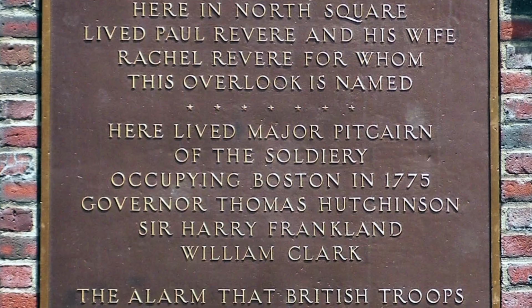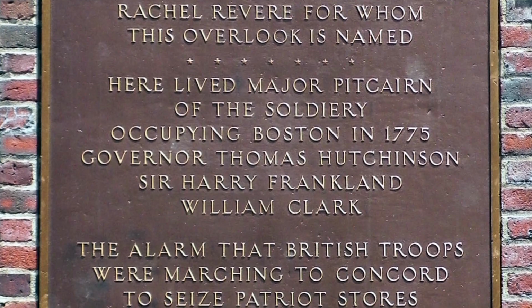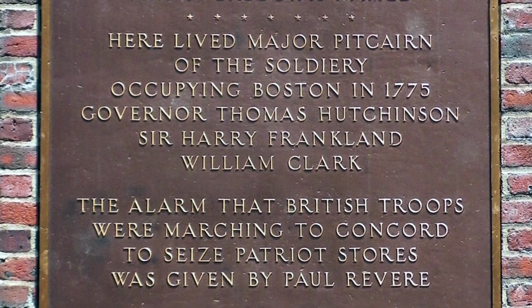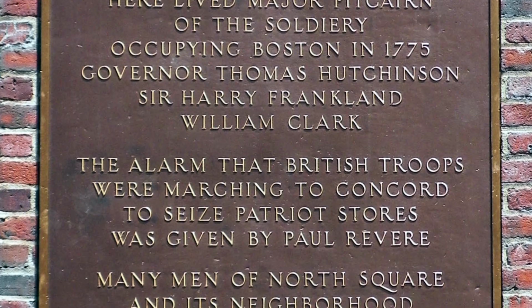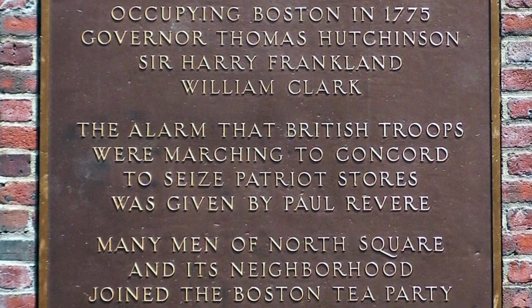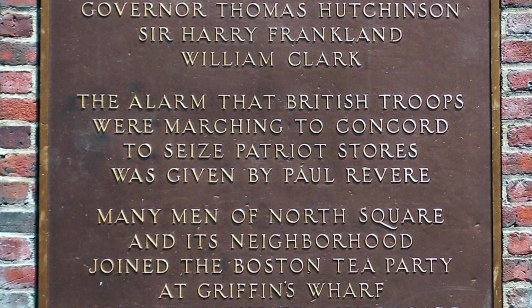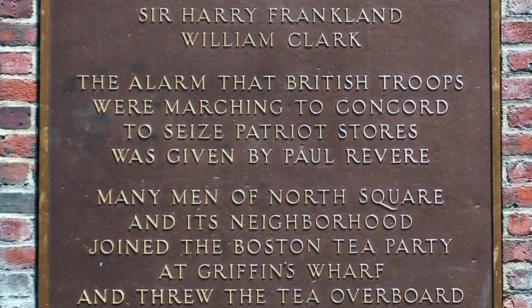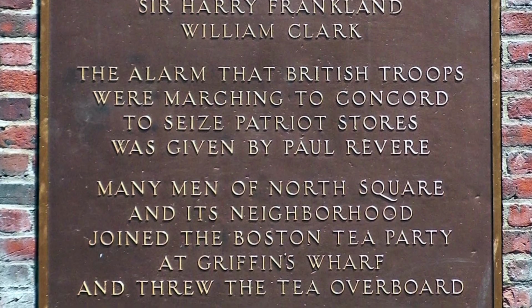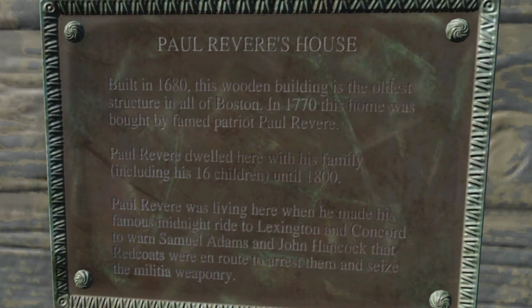"The alarm that British troops were marching to Concord to seize Patriots' stores was given by Paul Revere. Many men of North Square and its neighborhood joined the Boston Tea Party at Griffin's Wharf and threw the tea overboard." And then it goes into some other minor details underneath that. But it is not exactly the same plaque. And it is kind of a designation for a general area rather than just one home.